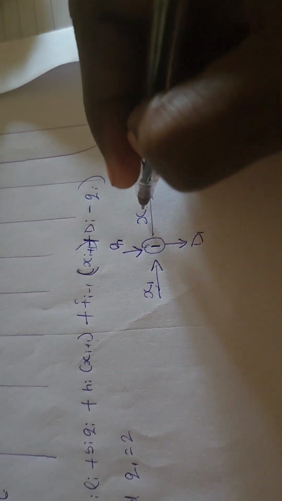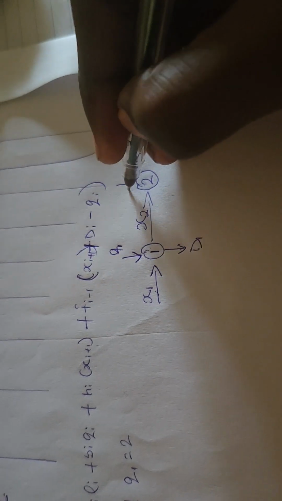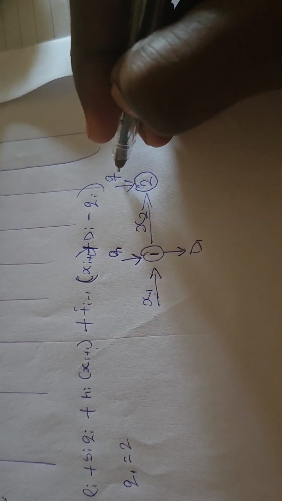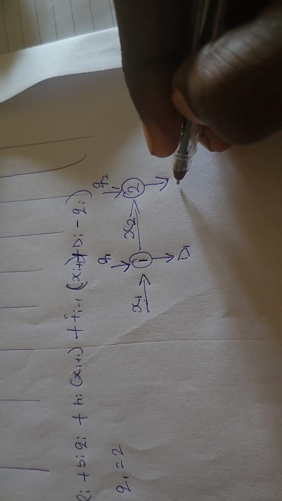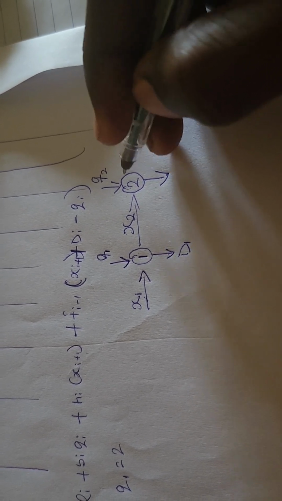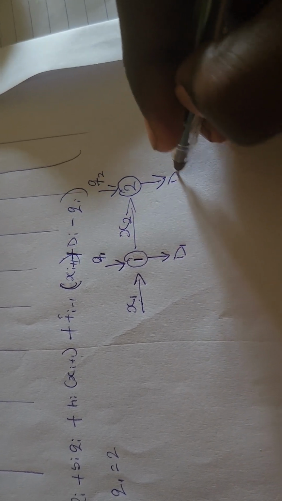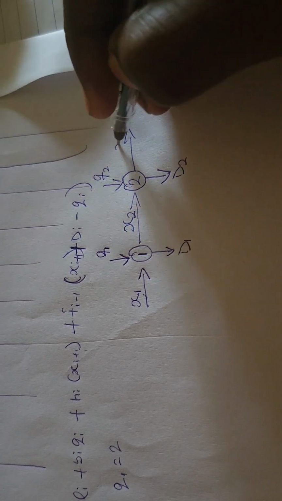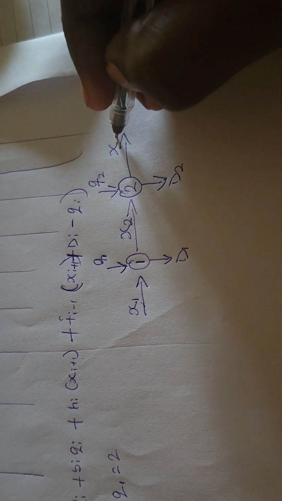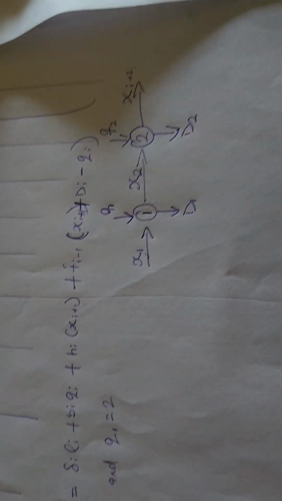So this one will be our x2. This one will be the quantity we are producing in period 2, and this will be the demand we are meeting in period 2.